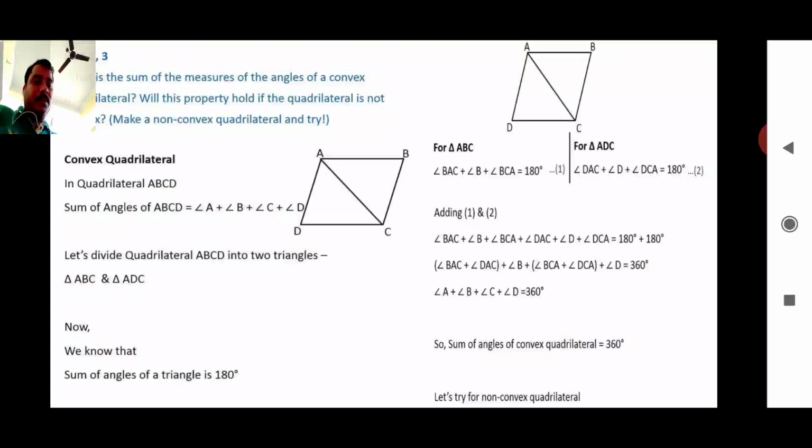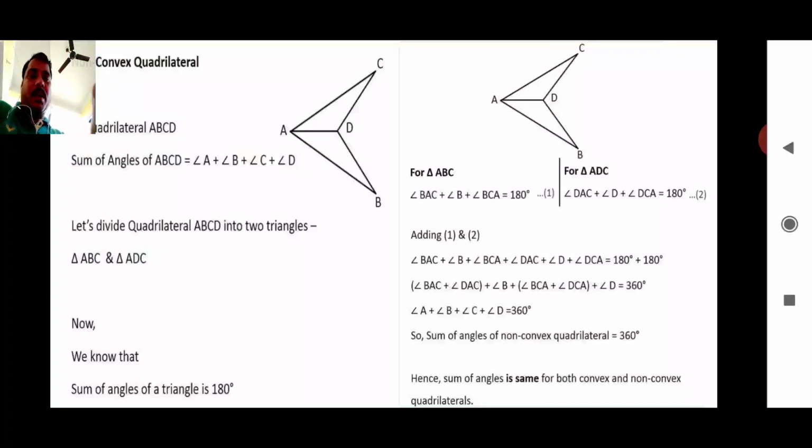Okay. Now let's try for a non-convex quadrilateral. For non-convex quadrilateral ABCD, we want the sum of angles A plus B plus C plus D. Let's divide quadrilateral ABCD into two triangles as previously. Join A to D. Here you can see two triangles, ABD and ACD.